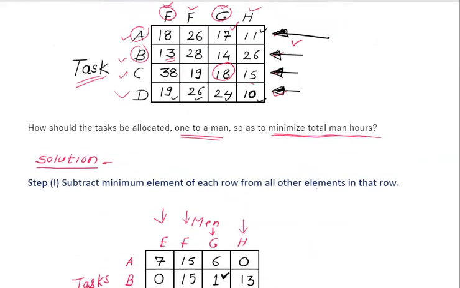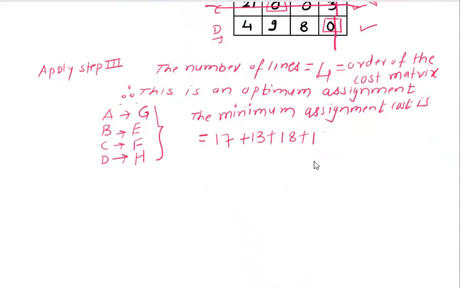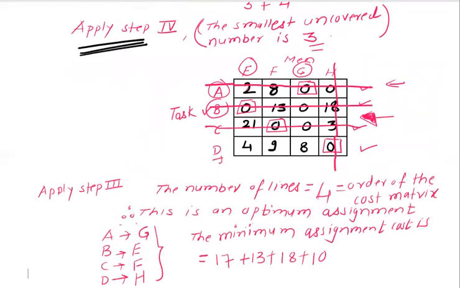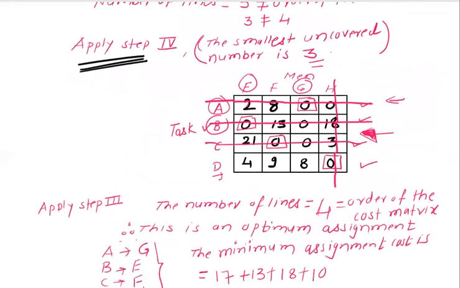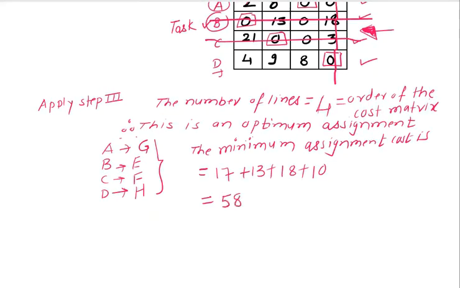The cost is 10 in the original matrix. The cost of assigning task D to the person H is 10. So what is the sum now? 17 plus 13, 30, 30 and 18, 48 and 10, 58. 58 is the minimum assignment cost.